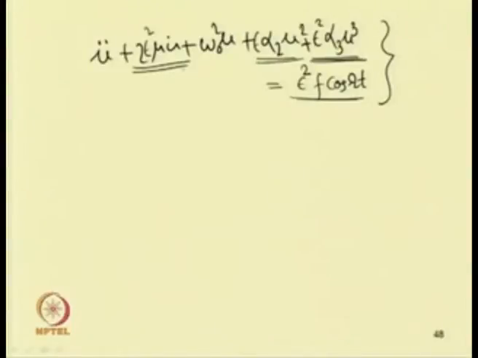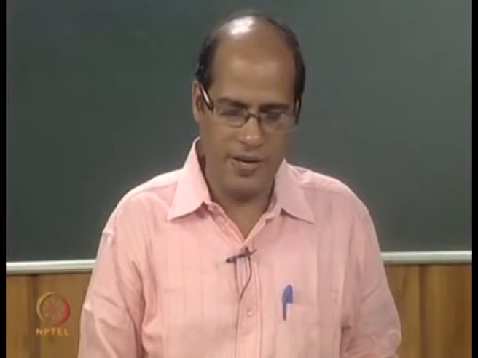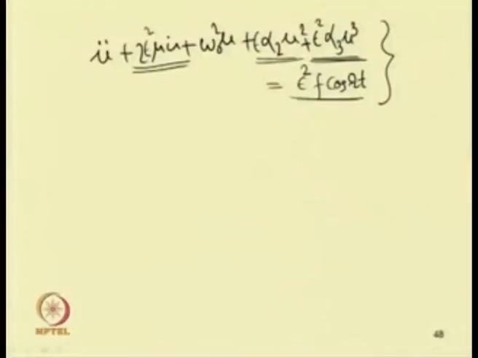In the first order, that is in the order of epsilon to the power 0, we will get the equation D 0 square u 0 plus omega 0 square u 0 equal to 0. So, the right hand side will be 0.